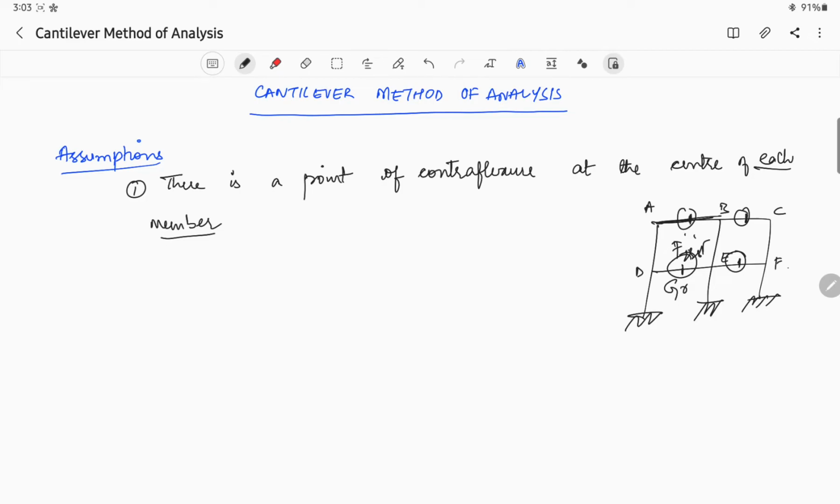This is the same assumption which we considered in the portal frame method also, and the same type of assumption is considered in the cantilever method too.